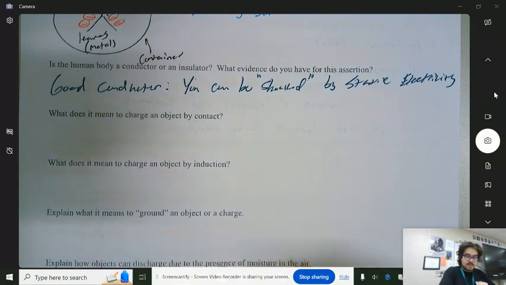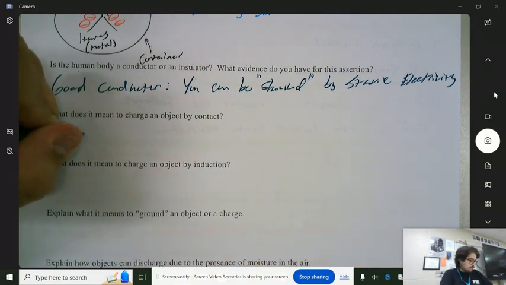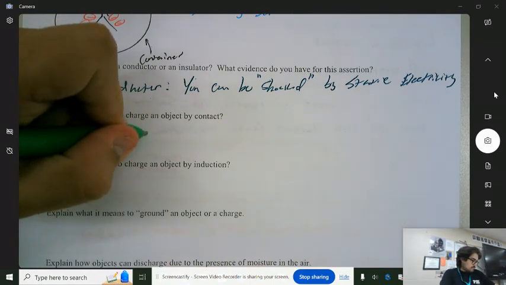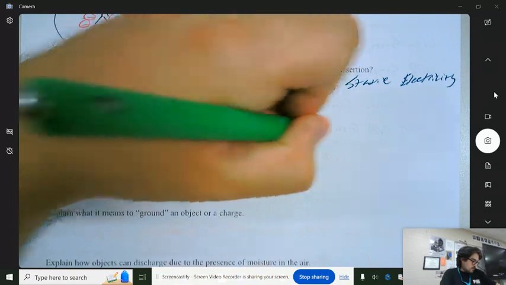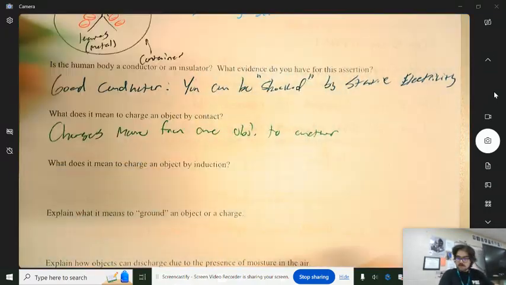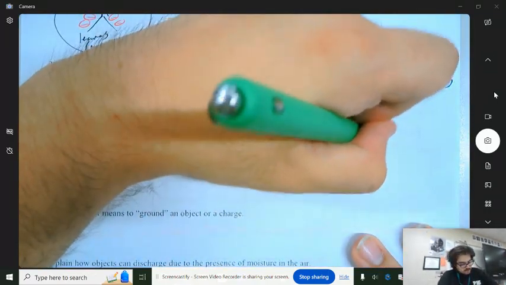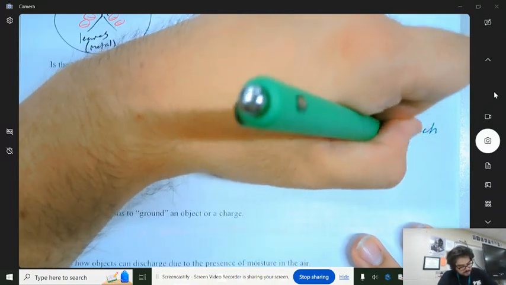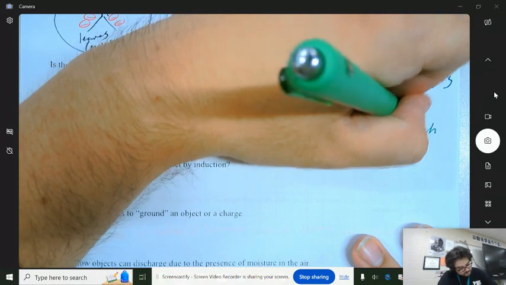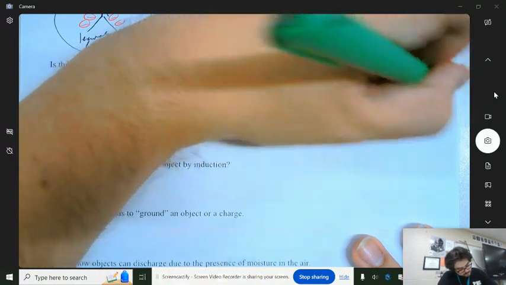Okay, what does it mean to charge an object by contact? This is where charges move from one object to another, okay, because the objects touch.